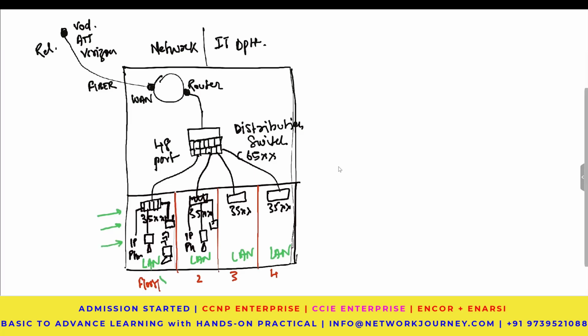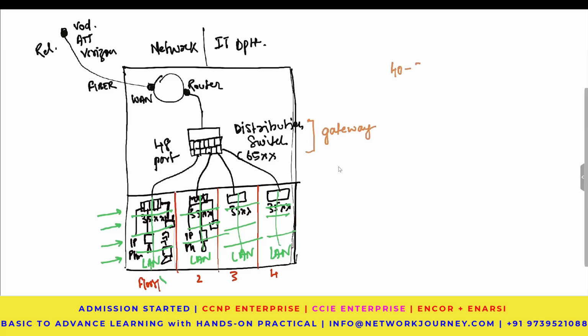So, what is the primary difference between the distribution switch and the other 35xx series you have mentioned? See, a distribution switch on a high level can act as a gateway also. If you are having, let's say, more than 40 to 50 networks, then it's not wise to keep the router as a gateway, because the router's main job would be to do the BGP process, the redistribution process, NAT process.